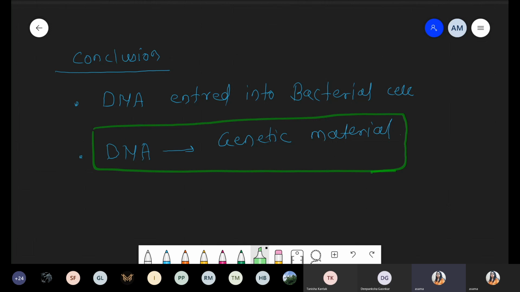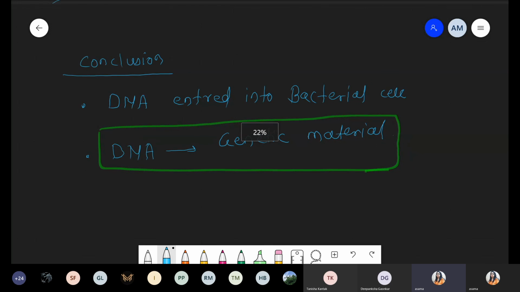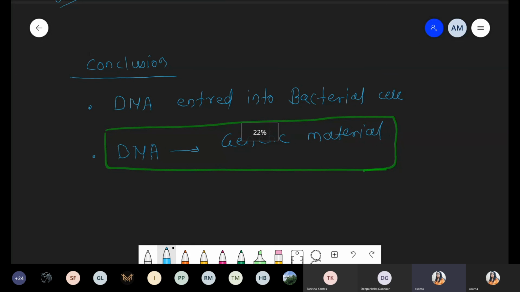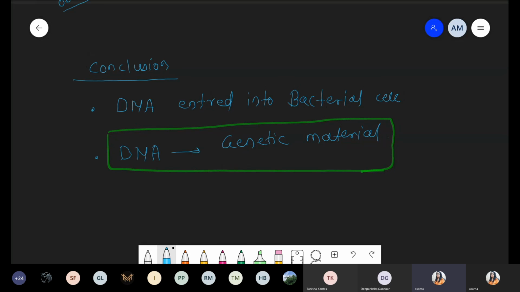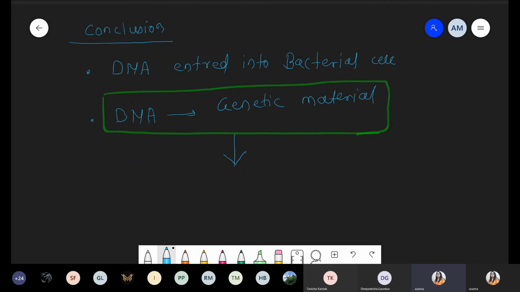That's why this kind of experiment is also called unequivocal proof. Such an experiment performed by scientists Hershey and Chase is an unequivocal proof, without any doubt. This is the final proof. Because the earlier experiment done with DNA and RNA degradation, meaning with the help of DNA enzyme, some scientists didn't believe.